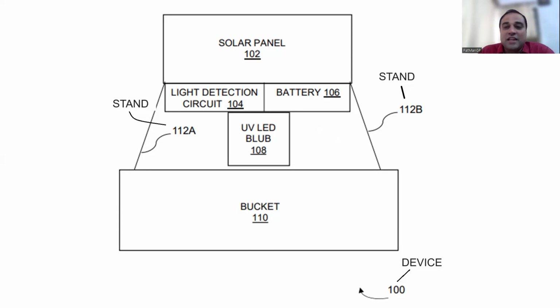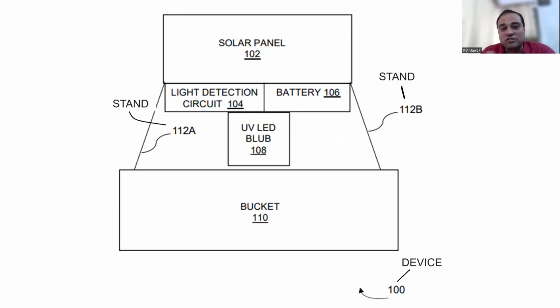Okay. Now it so happens that the day progresses and the dusk approaches. And after dusk, darkness is going to befall. So the light detection circuit now goes into the second mode. The first mode is complete. The first mode takes place only during the daytime.